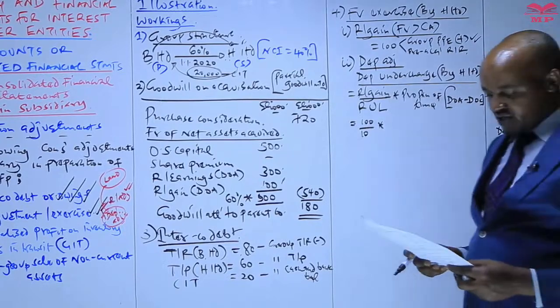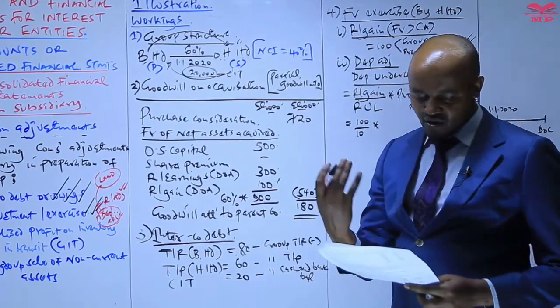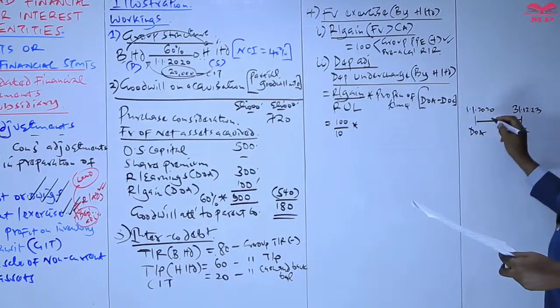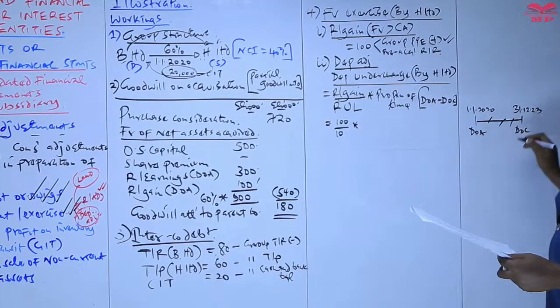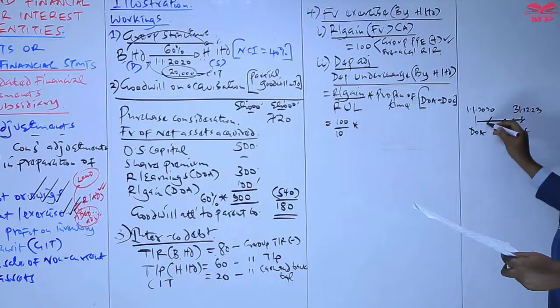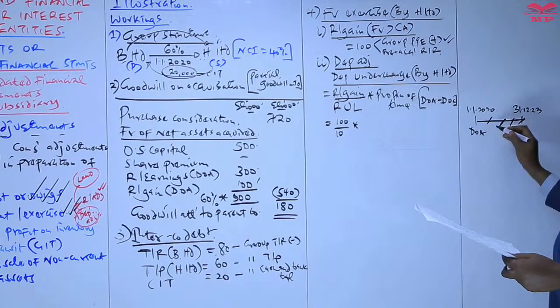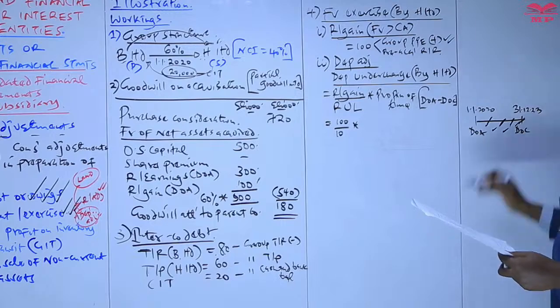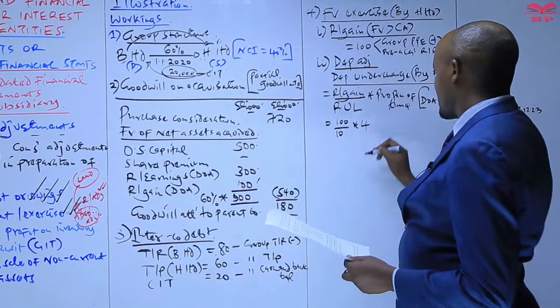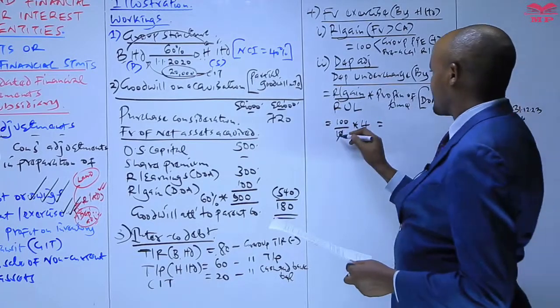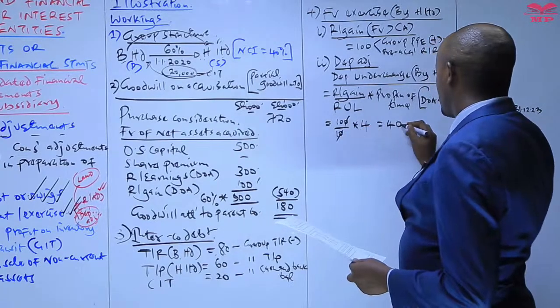Date of consolidation is the date we are required to prepare the consolidated statement of financial position. We have 2020, 2021, 2022, 2023. How many years do we have here? 1, 2, 3, 4. So you compute the depreciation overcharge for how many years? For 4 years. So this will give us 40,000.